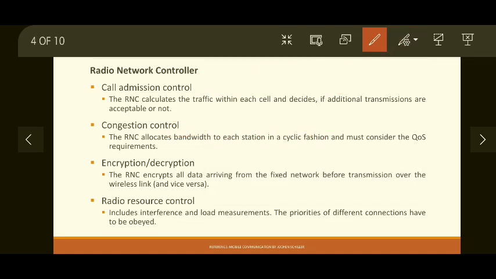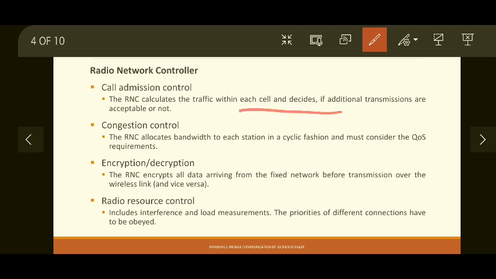Then the next task is congestion control. Congestion happens when more than one user is trying to access the same channel. But in the case of CDMA technology, every Node B is implementing FDD or TDD. In case of TDD, all users will be allocated bandwidth in a cyclic or round robin fashion.